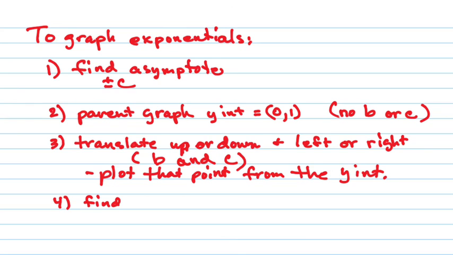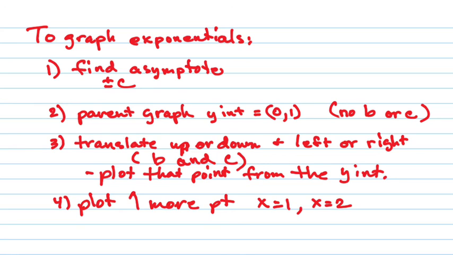plot, okay, let me put that a little bit differently. Then plot one more point. And you usually use x equals 1, x equals 2. Don't get too big. Okay? Because it's an exponent, if you get big, the number gets really big very fast.